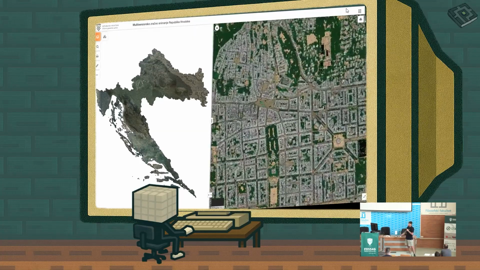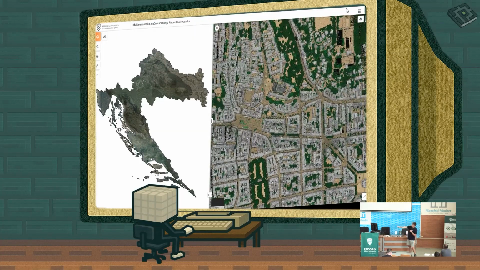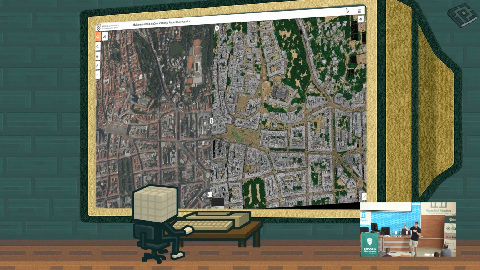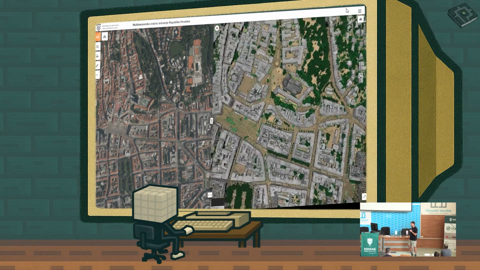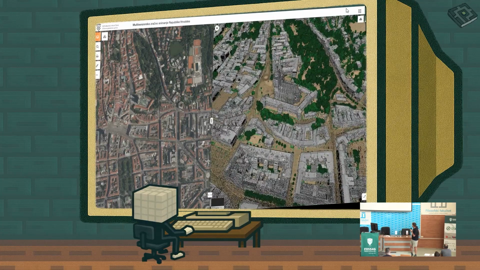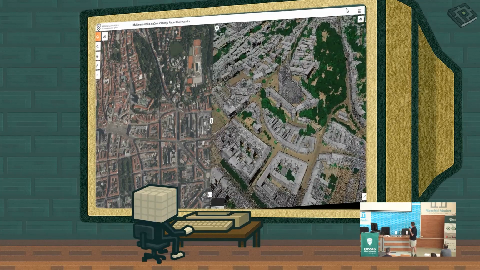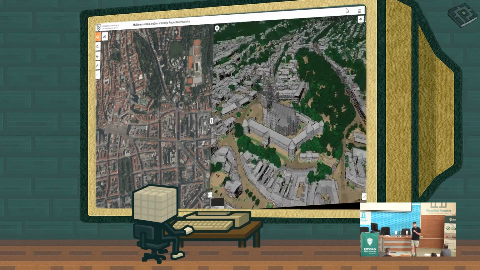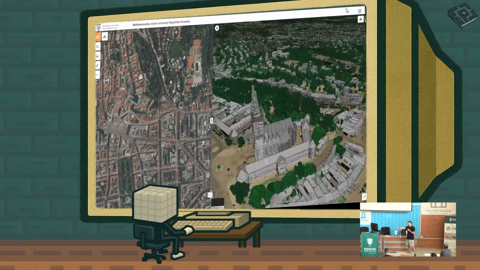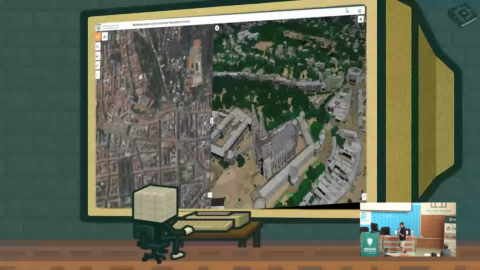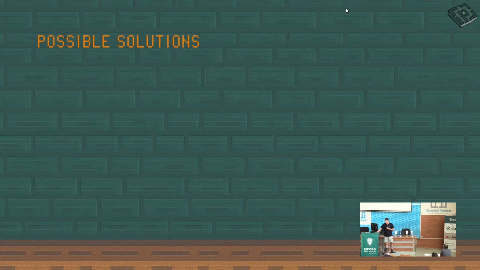The main thing to mention is that the 3D and 2D viewers are connected, so it's not a stupid 3D viewer. As you can see, the map now shows the same area, and it runs quite smoothly on an average person's computer. This was recorded on my MacBook Pro, so it's not some ludicrous machine specification.